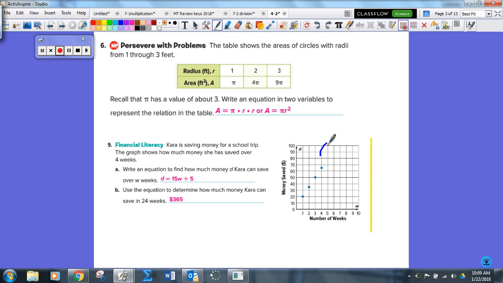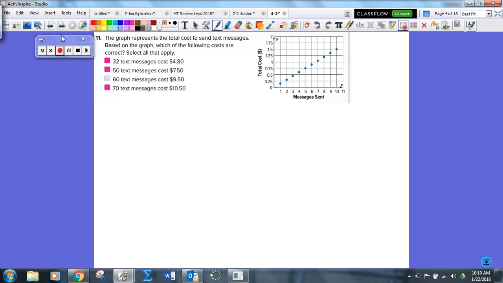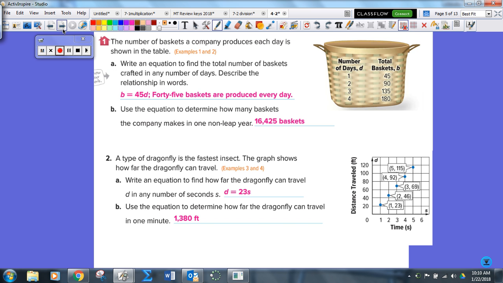It is again discrete because you do not continuously deposit. So we do not connect. And then here's 11. Oops, I don't know why 1 and 2 are out of order. Here are the answers to 1 and 2.